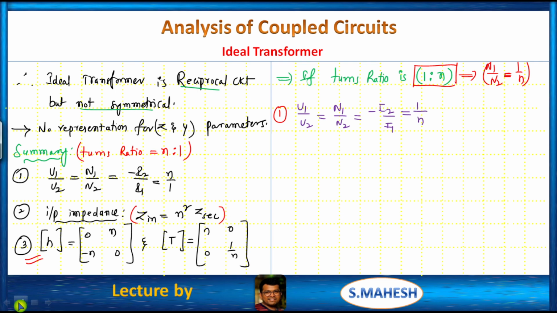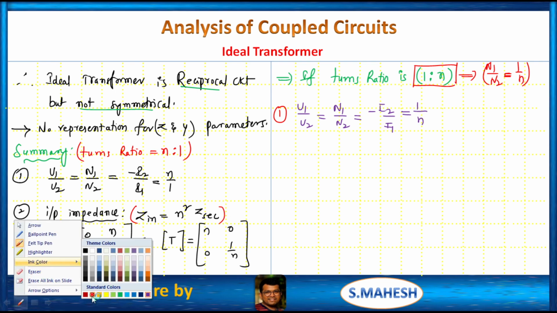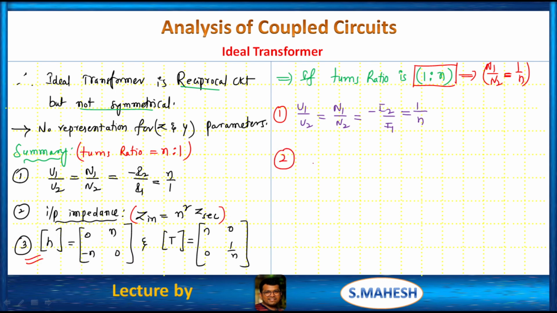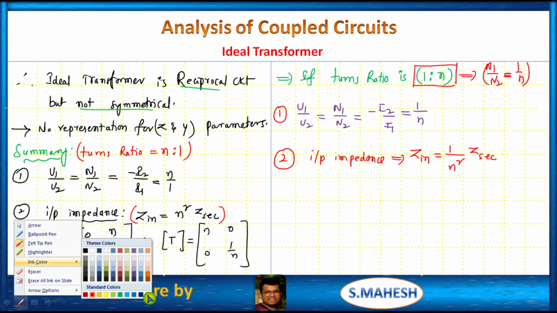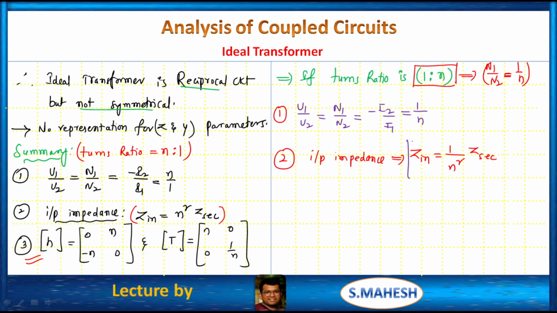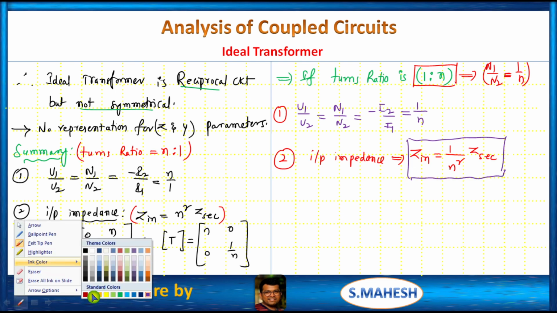Second point: the input impedance, Z input, now equals 1 by n square times the impedance of the secondary, right? 1 by n square impedance of secondary.